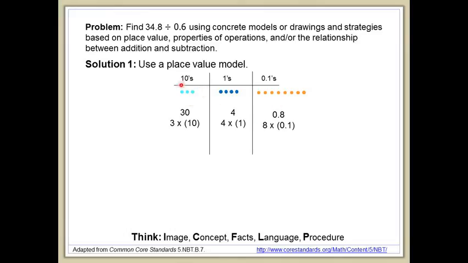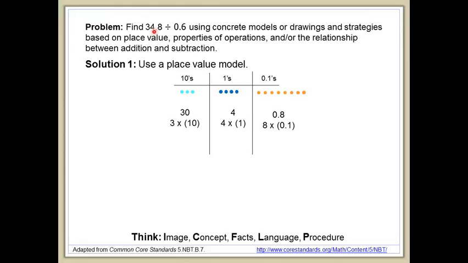So this is really 300 0.1s. Well, we're going to try to divide this up by 6, and we don't have 6 groups of 100 0.1s. We only have 3 of them, and so we need to divide this up, or decompose these 10s into 1s.